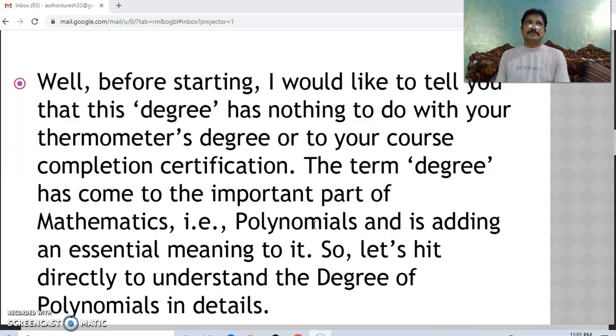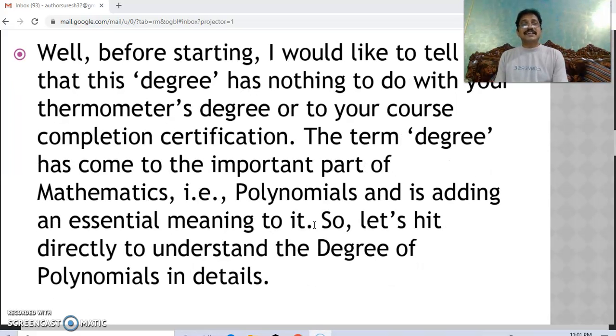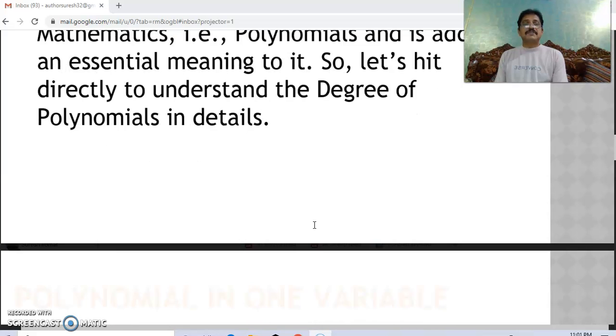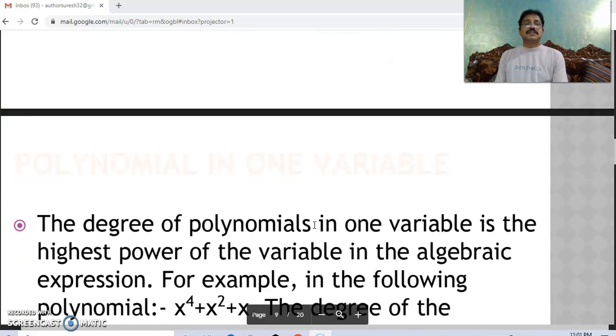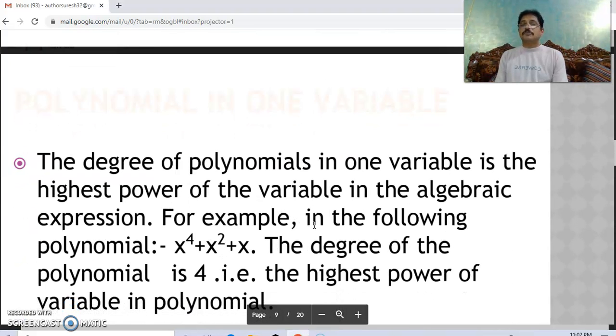That degree is different. When you complete your course and get a certificate, you get a degree. That degree is different. The term degree has come into an important part of mathematics. In a polynomial it adds an essential meaning. So let's directly understand the degree of the polynomial in detail. That's the reason I'm giving more importance to knowing about the degree of the polynomial.